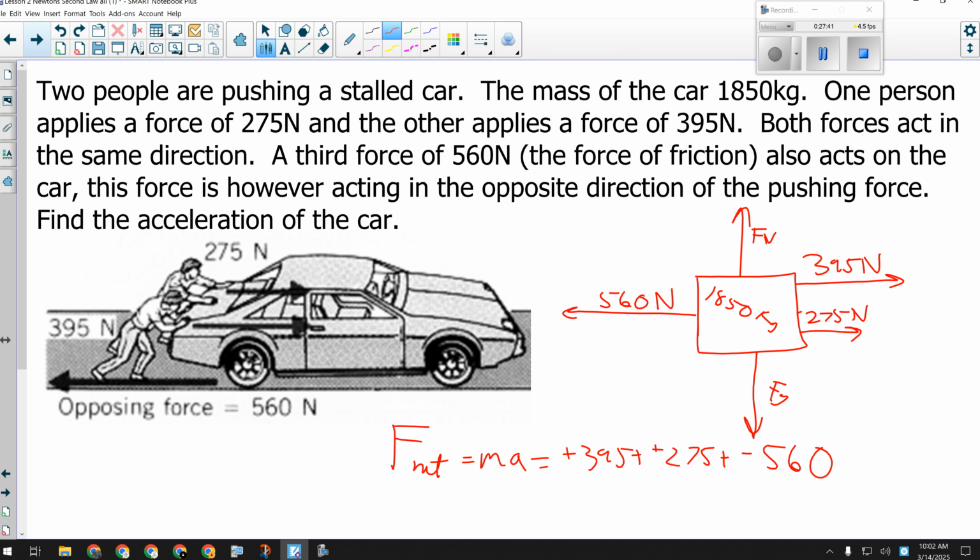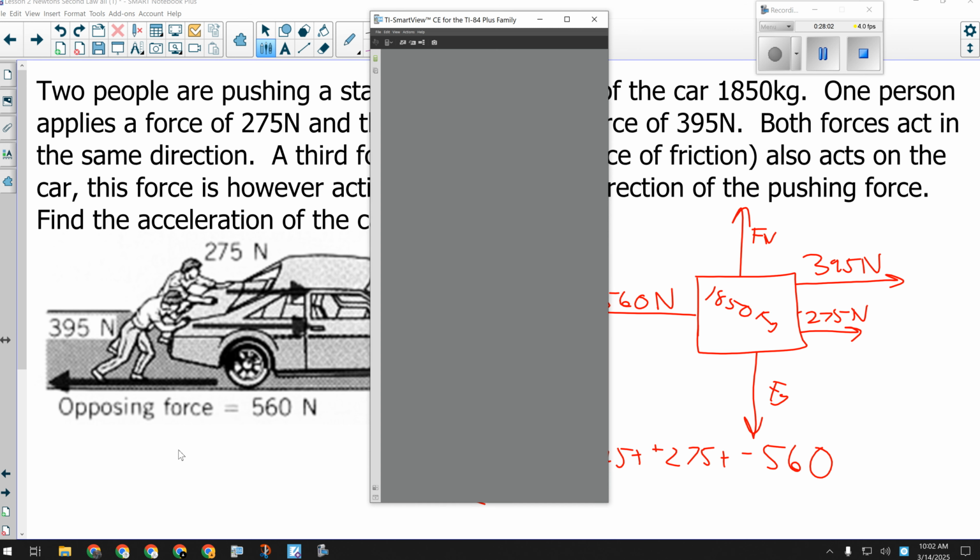Of course, I could just go minus 560 as well. If I put all of that into my calculator, I get 110. Sometimes my mental math is okay.